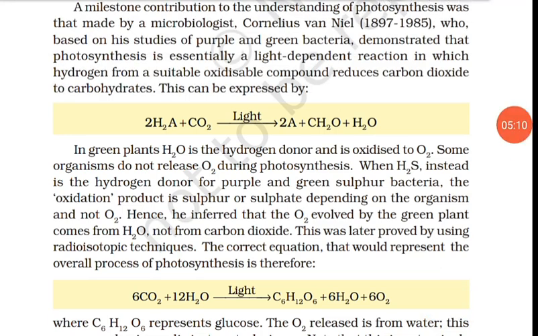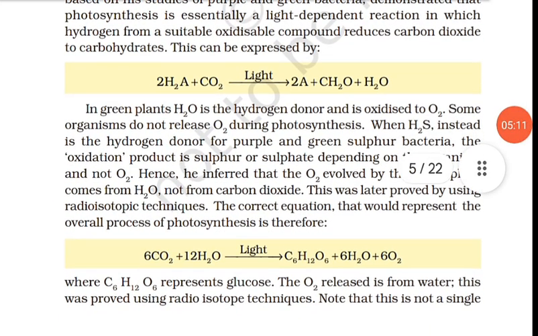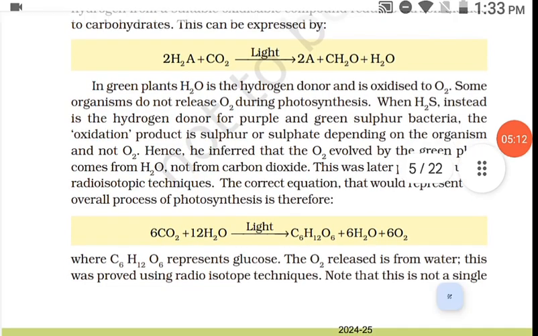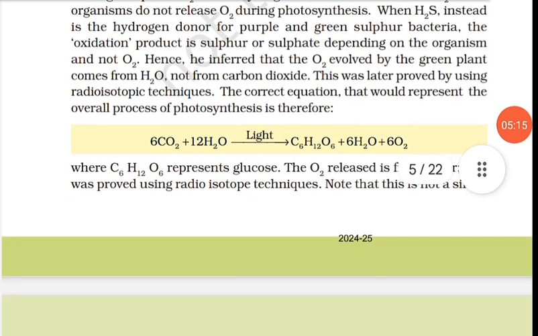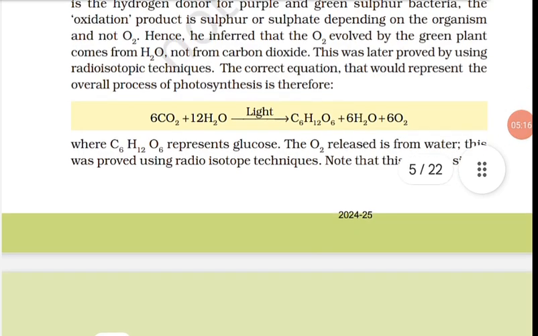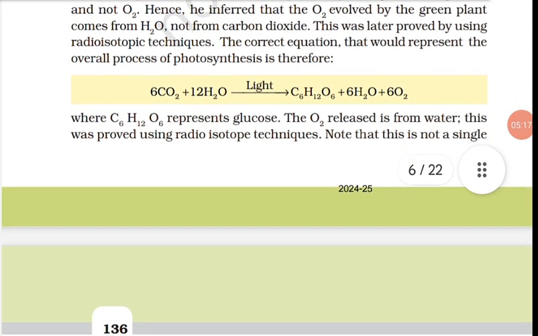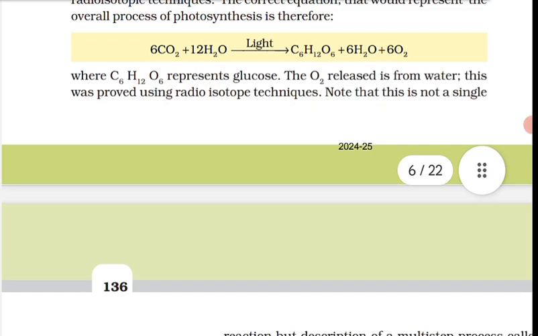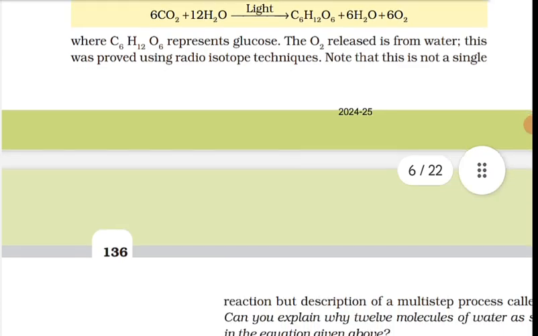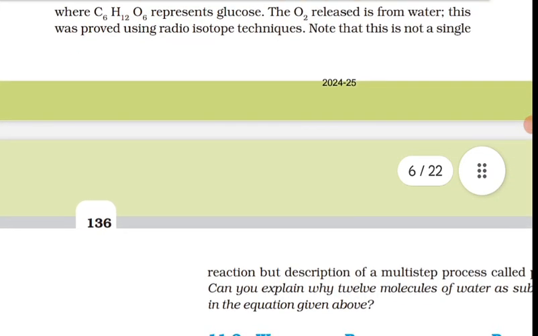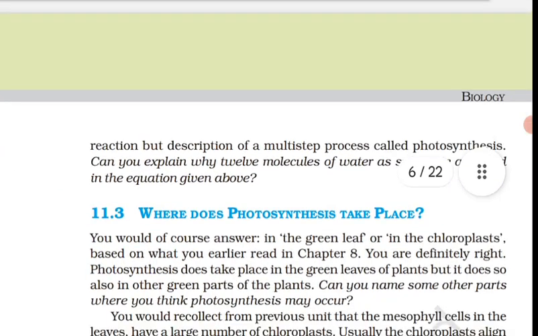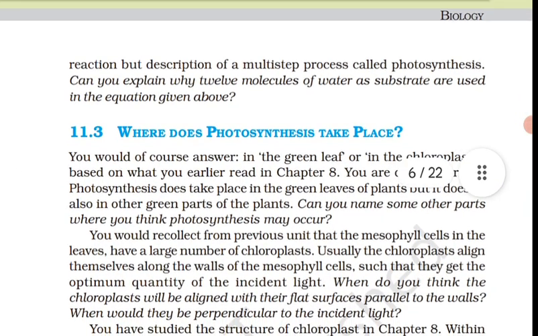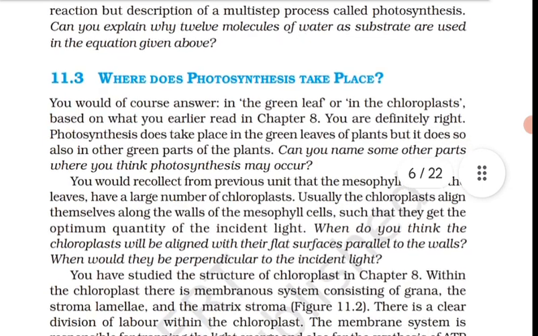He observed that the bacteria accumulated mainly in the line of blue and red light of the split spectrum. In which line? Blue and red light, meaning light of blue and red color. A first action spectrum of photosynthesis was thus described. It resembles roughly the absorption spectra of chlorophyll a and b.